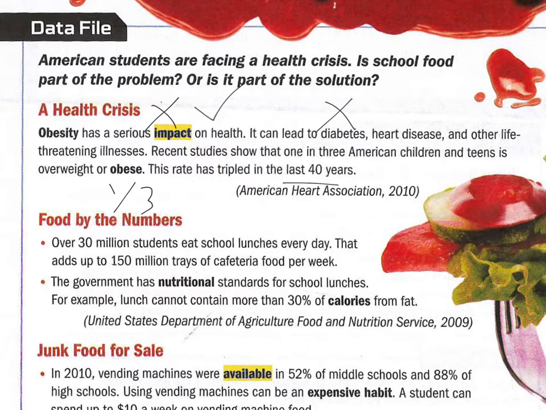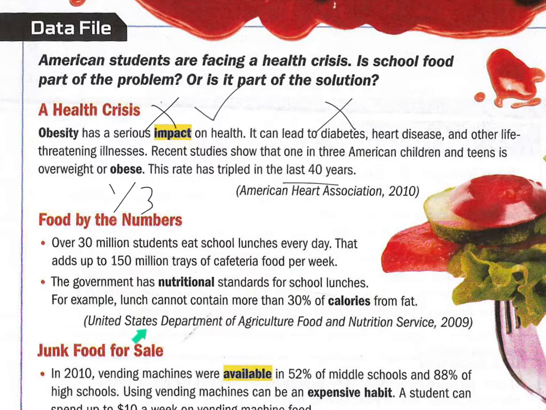Okay, let's look at the next statistic. Food by the numbers. Over 30 million students eat school lunches every day. That's a lot of kids. That adds up to 150 million trays of cafeteria food per week. The government has nutritional standards for school lunches.